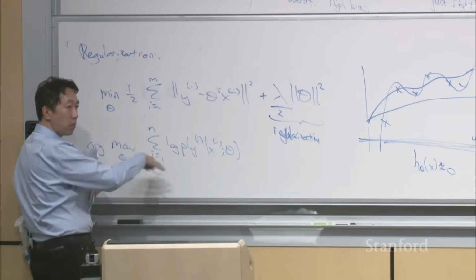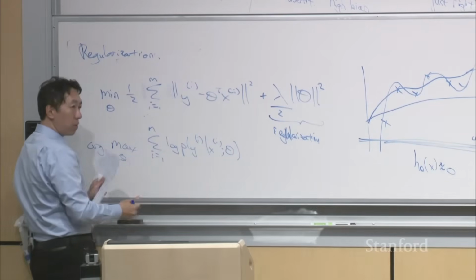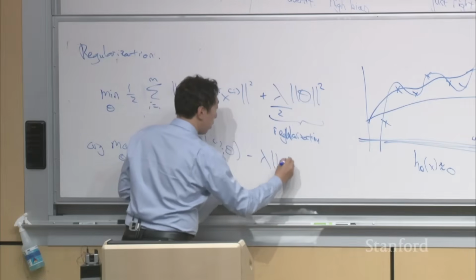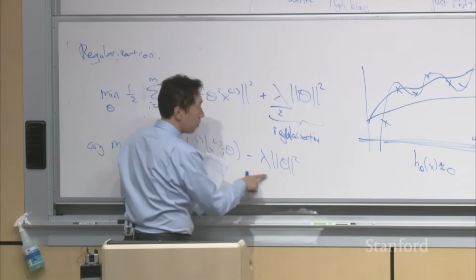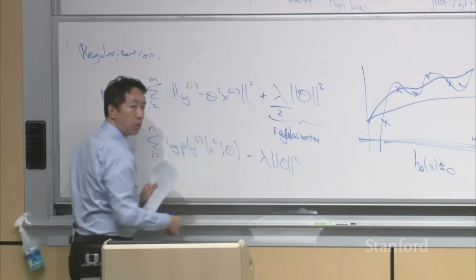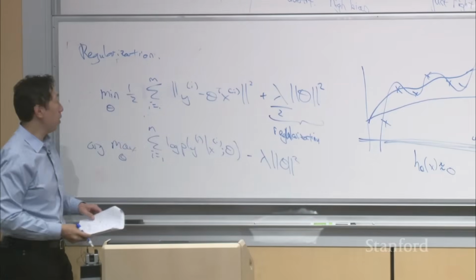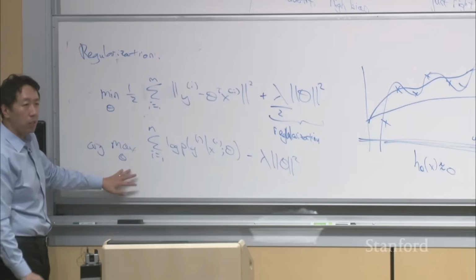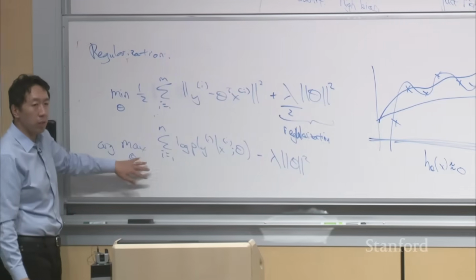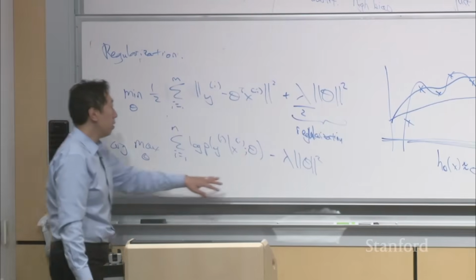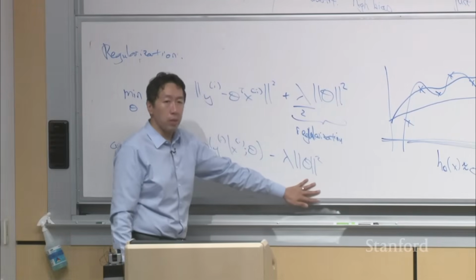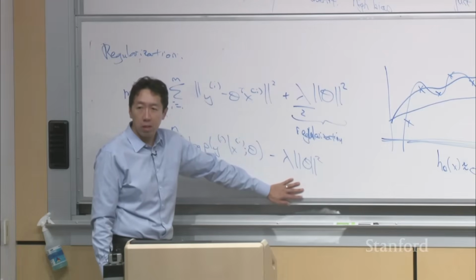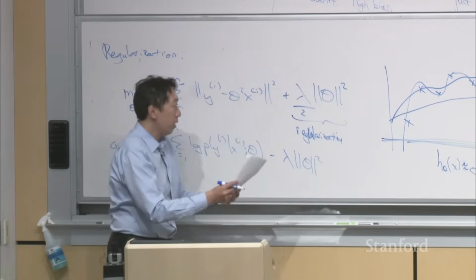If you're applying logistic regression, then this was the original cost function. Then you can have minus lambda or lambda over 2, right? It just depends on the scaling of lambda, times the norm of theta squared. And there's a minus here because for logistic regression, we're maximizing rather than minimizing. Or this could be argmax in any of the generalized linear model family as well. But by subtracting lambda times the norm of theta squared, this allows you to also regularize a classification algorithm such as logistic regression. Okay.